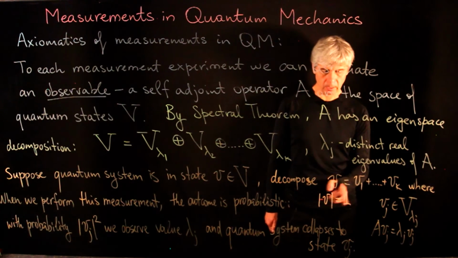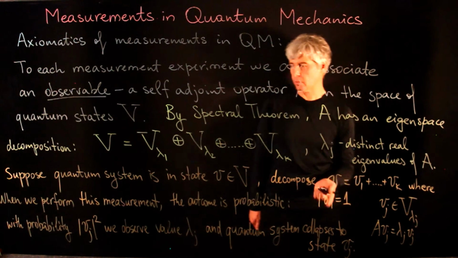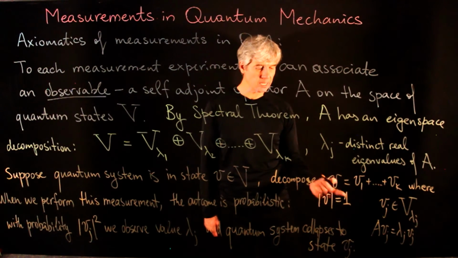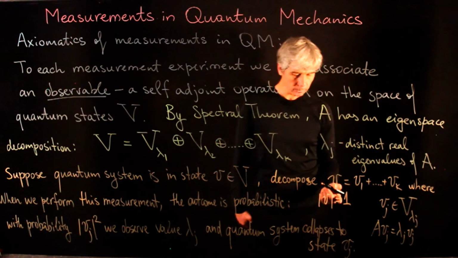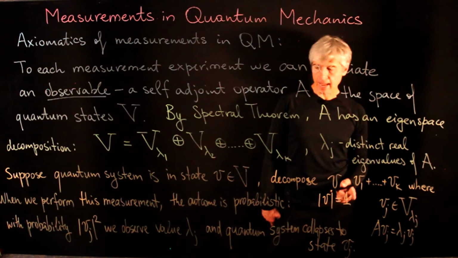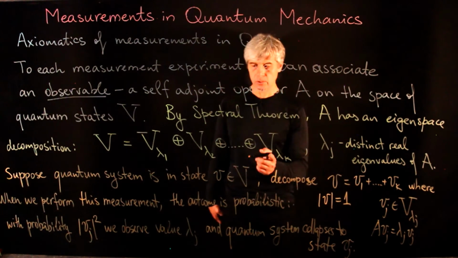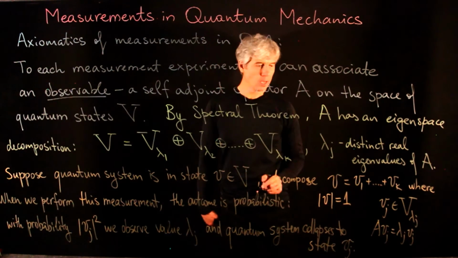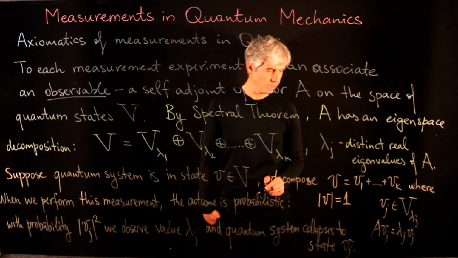This is one of our postulates in quantum mechanics, that the physical states are states with norm 1. And here we have that these subspaces are all orthogonal to each other.